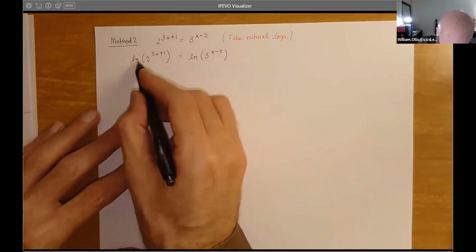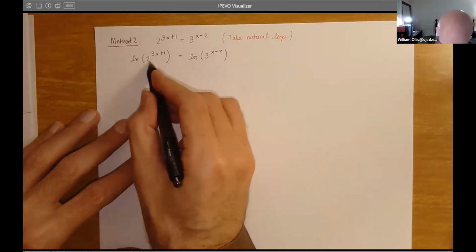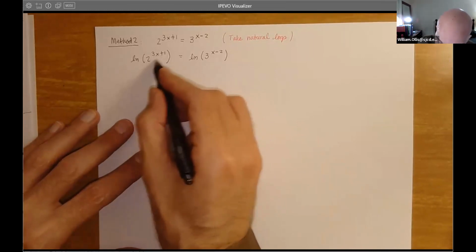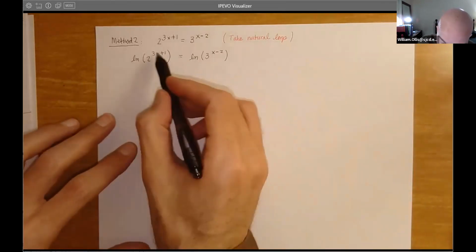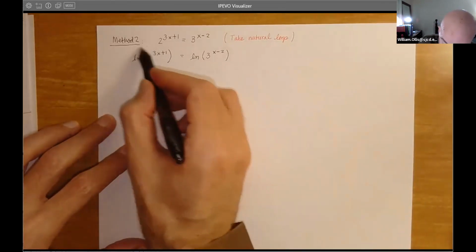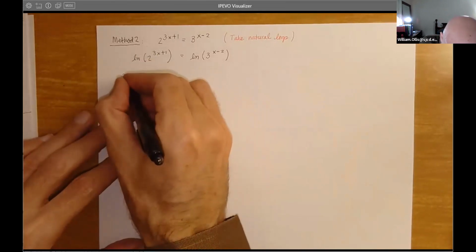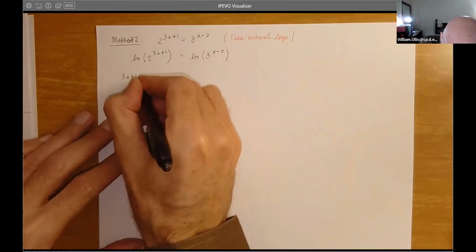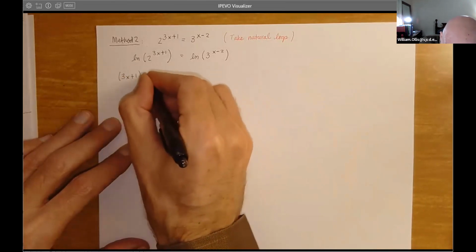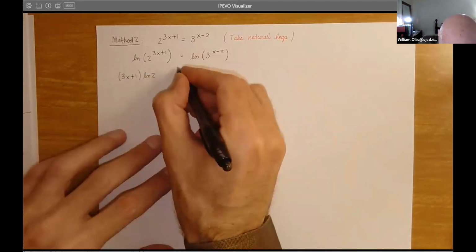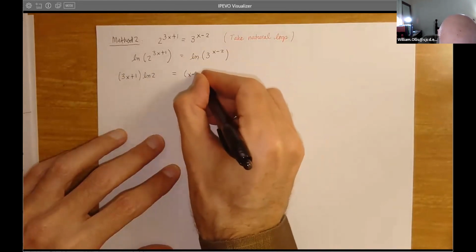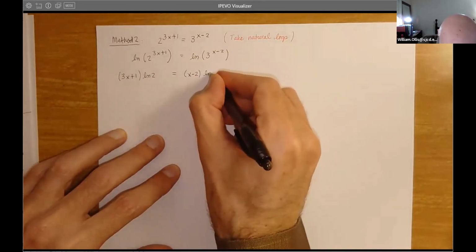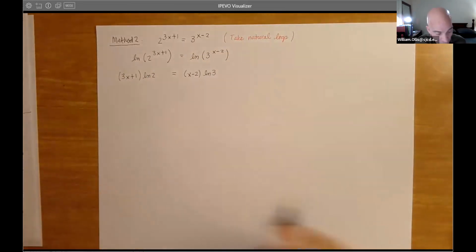So now we can see that we have the natural log of a power, of an exponential function, which also is true. The power here will now descend. So we have 3x plus 1 times the natural log of 2 equals, again, descend, x minus 2 times the natural log of 3, okay?